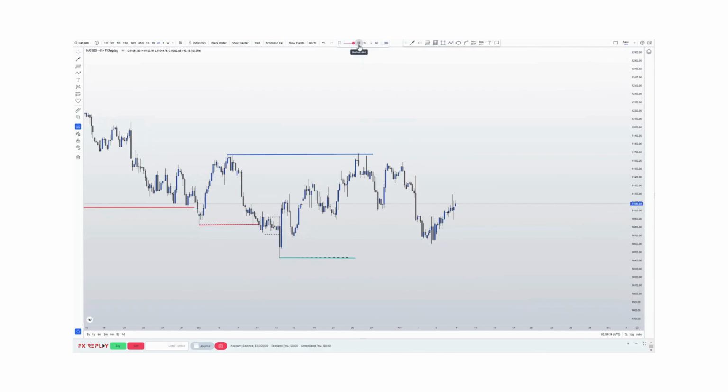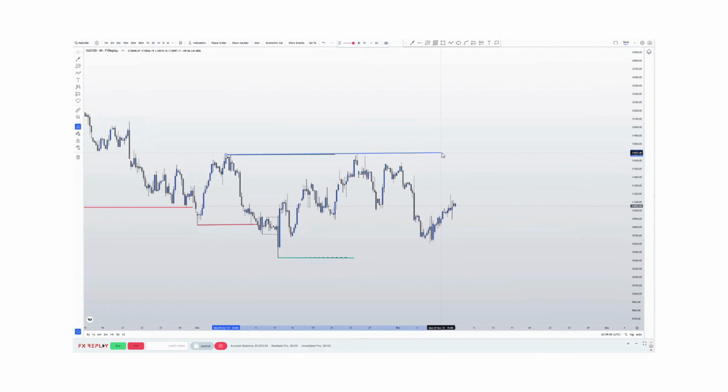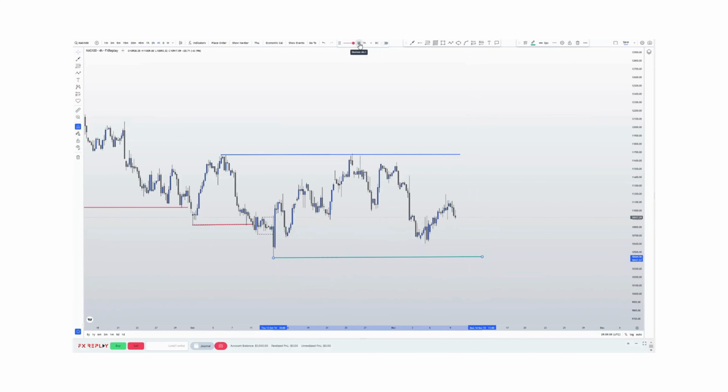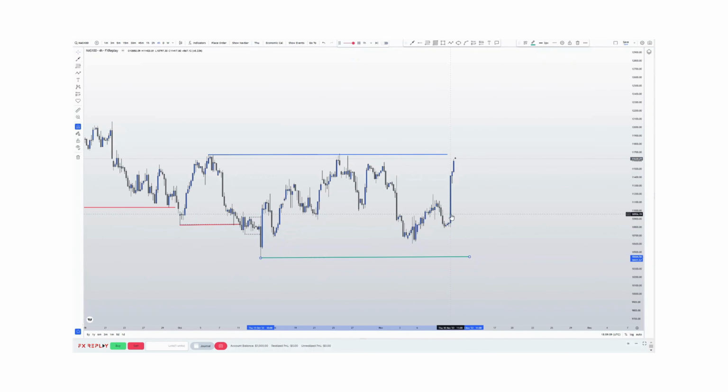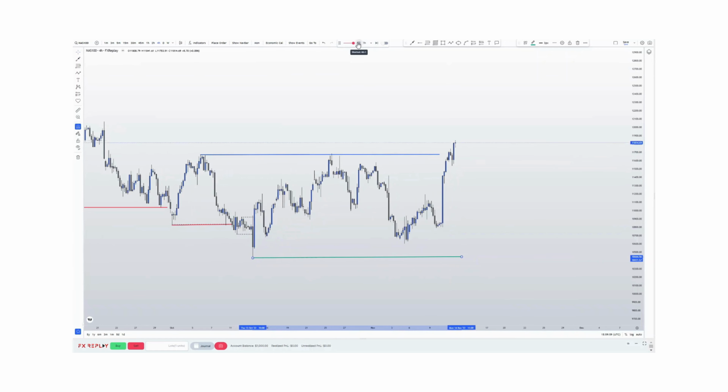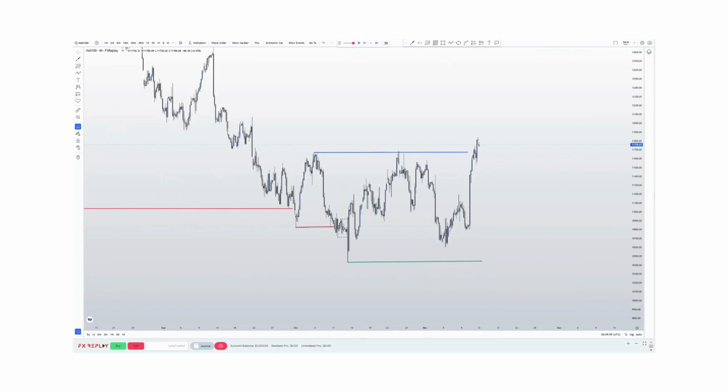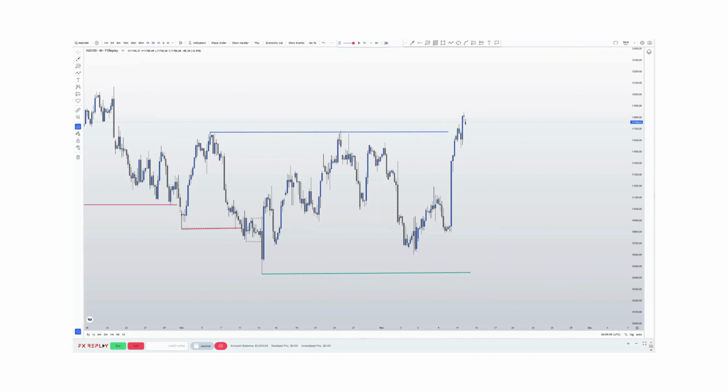As you can see, price is just playing internally. We have a protected swing over there, and we have a weak swing there. So until price breaks one of the two, that's when we'll have to remap our structures.